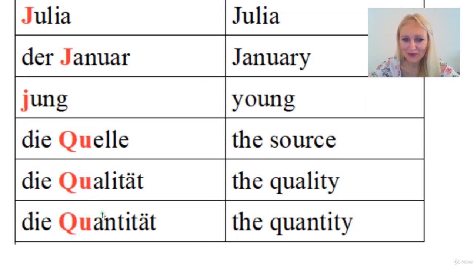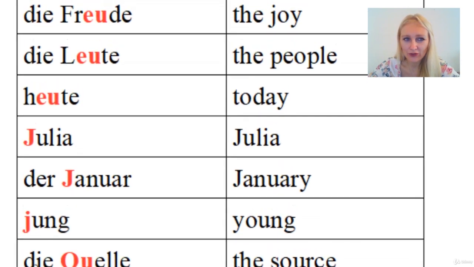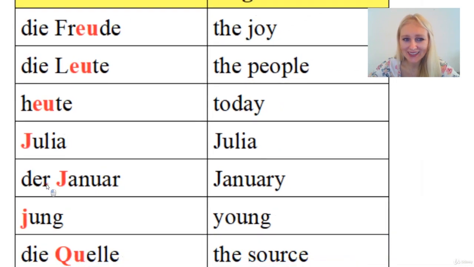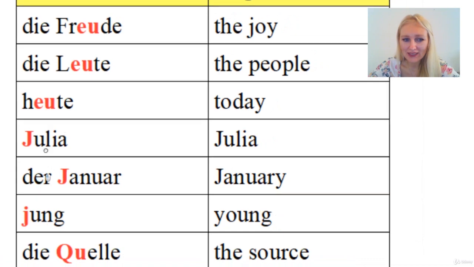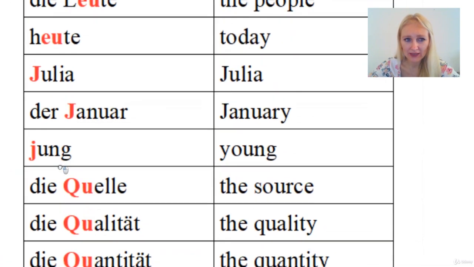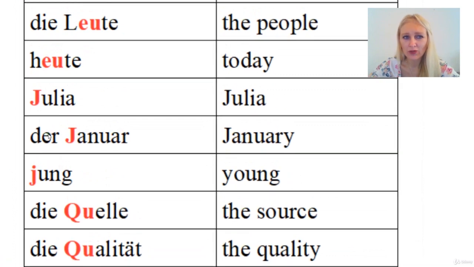Okay, please keep this in mind. And also, as I said before, it would be great if you could learn the articles and the gender to each word. So der, do you remember which gender is der, the article der? This is masculine, die is feminine. Okay, die feminine, der masculine, das would be neutral.